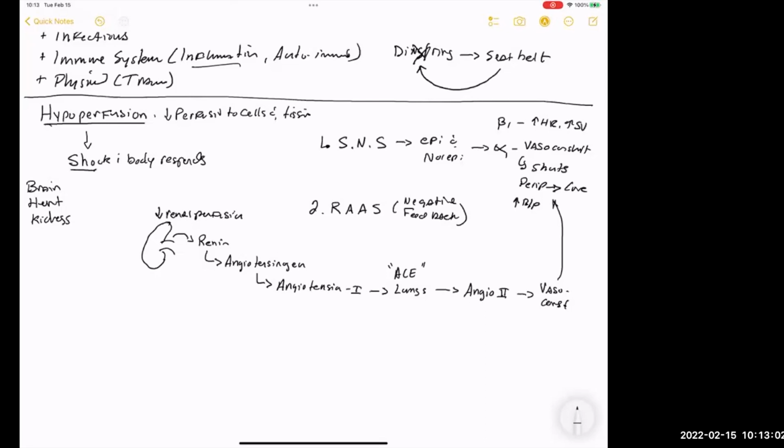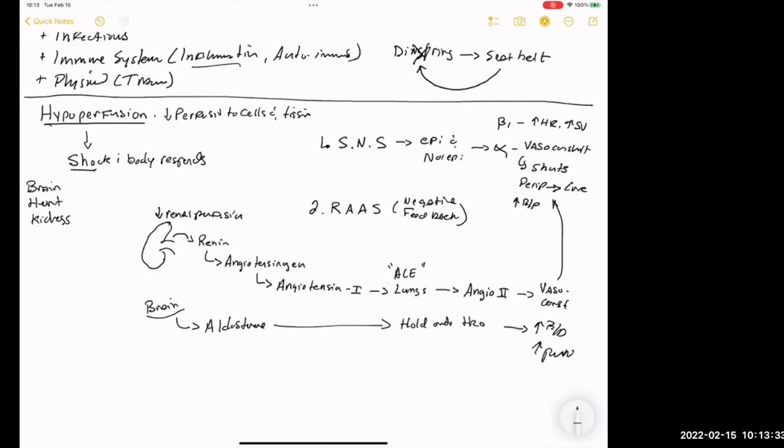Additionally, you have from the brain, you have a hormone called aldosterone. And the aldosterone's released, and it causes you to hold on to water. And hopefully that increase in fluid volume will increase blood pressure and increase perfusion.